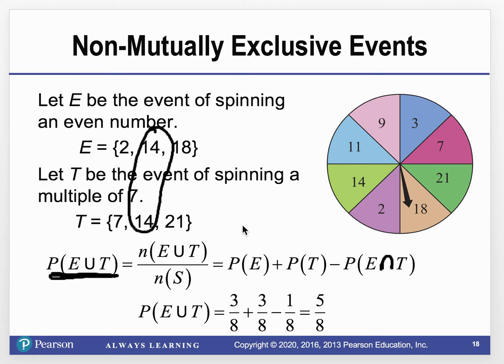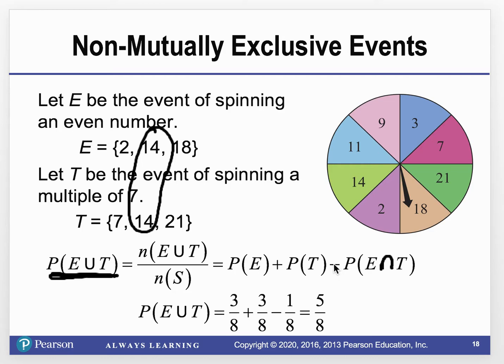So notice the probability it's even. I just say, oh, there's 3 even numbers out of 8. The probability it's a multiple of 7. There's also 3 multiples of 7 out of 8. But I counted the 14 here, and I counted it again here.